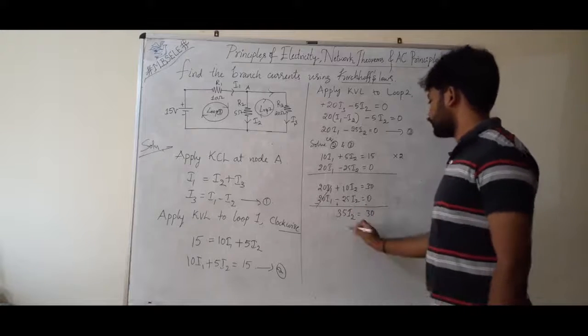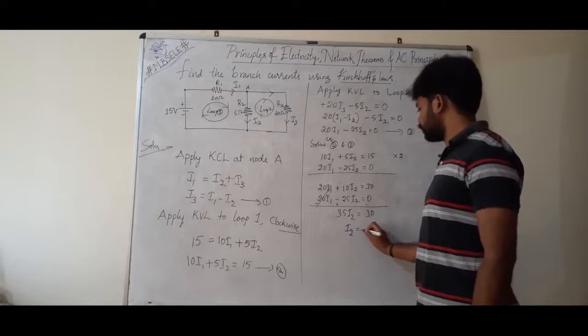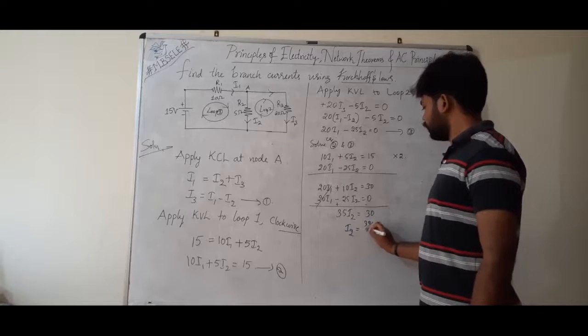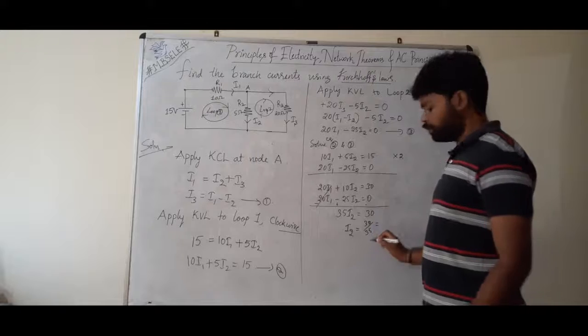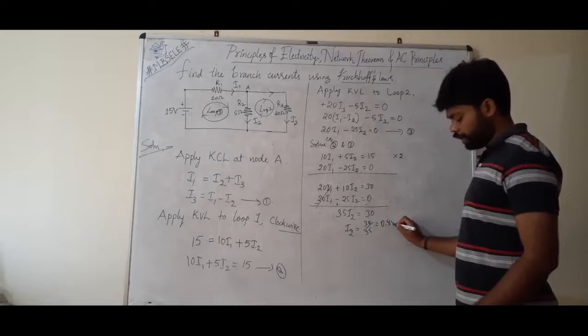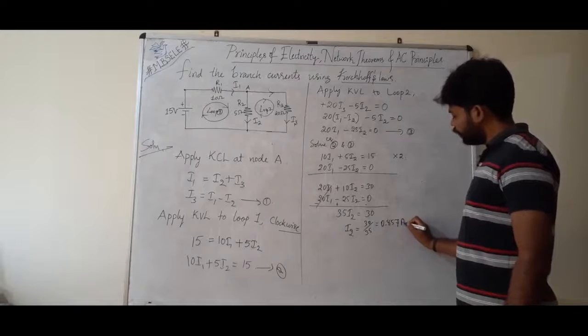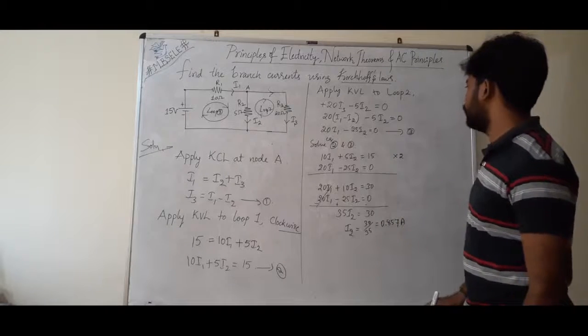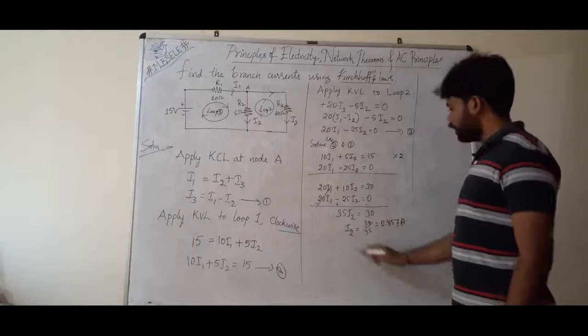So I2 is equal to 30 by 35, which is 0.857 ampere. Now we have I2.